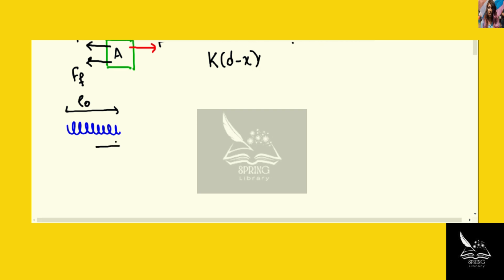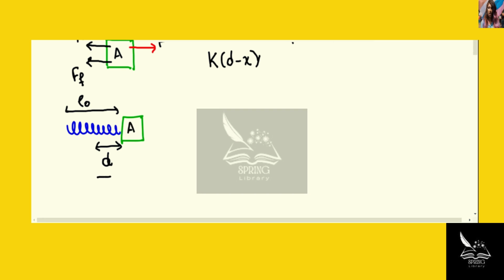It's compressed by distance D. This is block A. Now consider that block A traveled a certain distance X after being compressed.